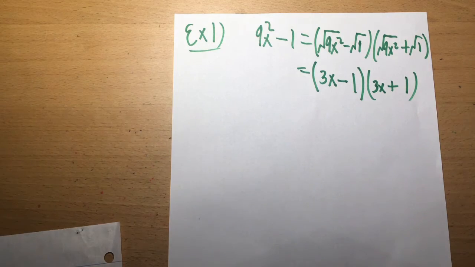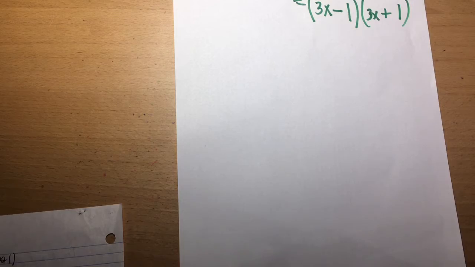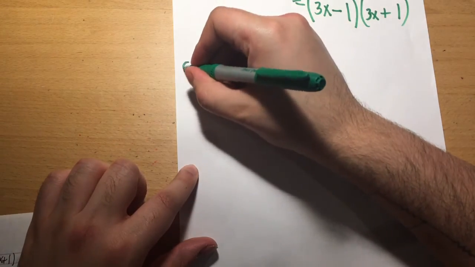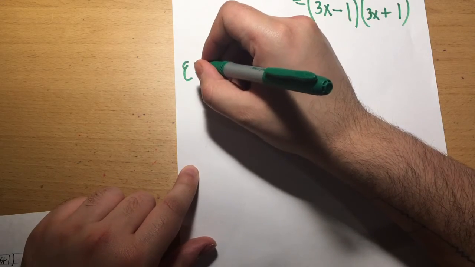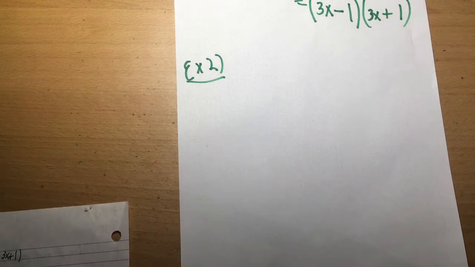All right, now let's go through a second example, slightly harder, or what looks a little harder. Really, you're just doing the same technique. The ease of this really comes down to recognizing when you have perfect squares.